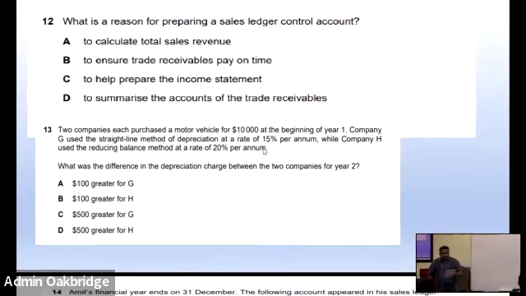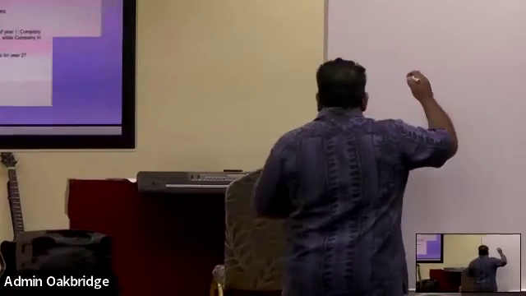At the beginning of year one, company G used the straight line method of depreciation at the rate of 15% per annum, while company H used the reducing balance method at the rate of 20%. What was the difference in the depreciation charge between the two companies for year two? Again, this question will definitely take more than 2 minutes to answer.